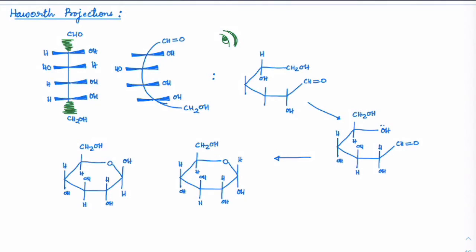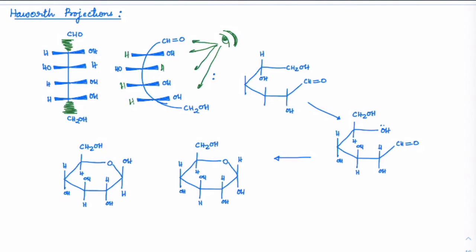So can you see that with respect to your eye, OH will be up, this group will be down. This is H, H, H, H. So when you view it from that side, it appears as if OH is up, H is down.